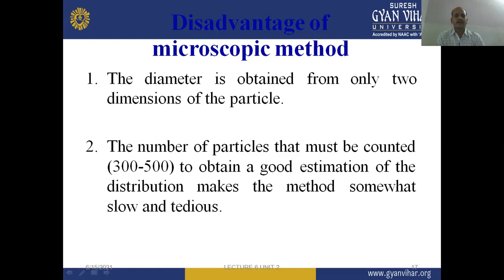Second limitation: the number of particles that must be counted to obtain a good estimation of the distribution makes the method somewhat slow and tedious, because we have to count a minimum of 300 to 500 particles. It is a time-consuming method, and very difficult when the particles are large in number.